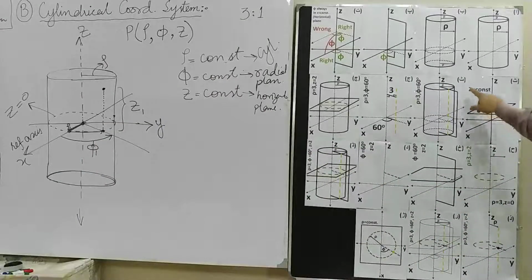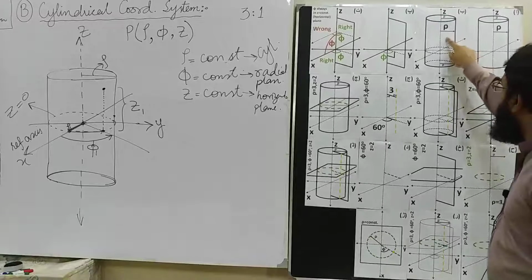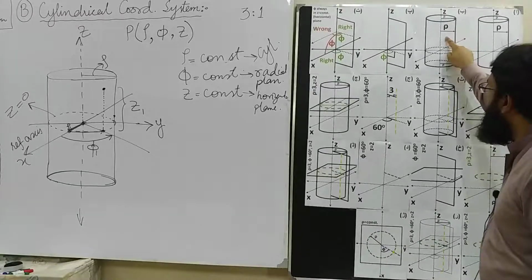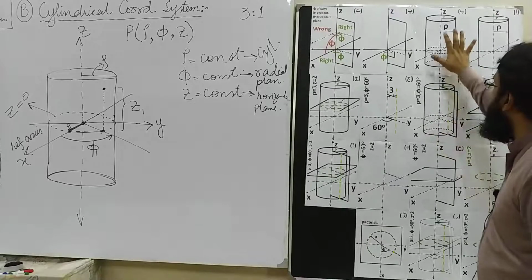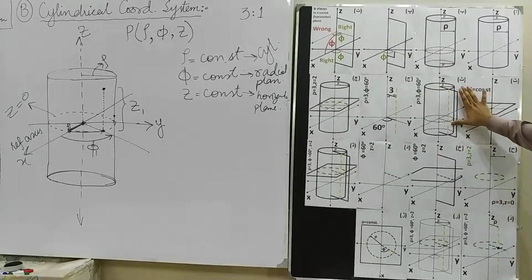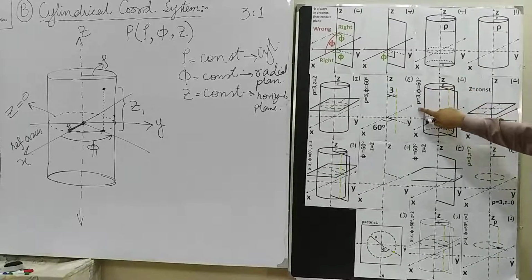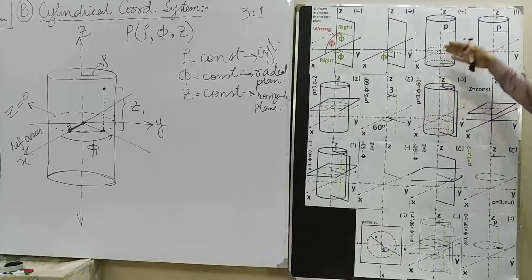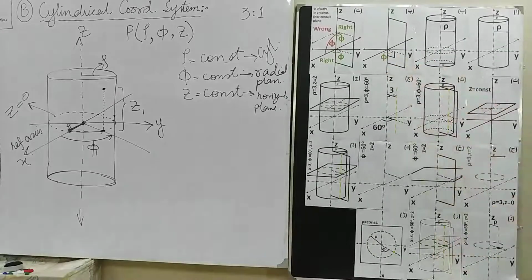So now from this figure, I'm trying to draw two fundamental planes on the same set of axes, meaning I'm trying to combine rho and phi here. In this figure I've taken arbitrary values. Let's say the radius of the cylinder is 3 and the angle of the radial plane with respect to the x-axis is, let's say, 60 degrees.